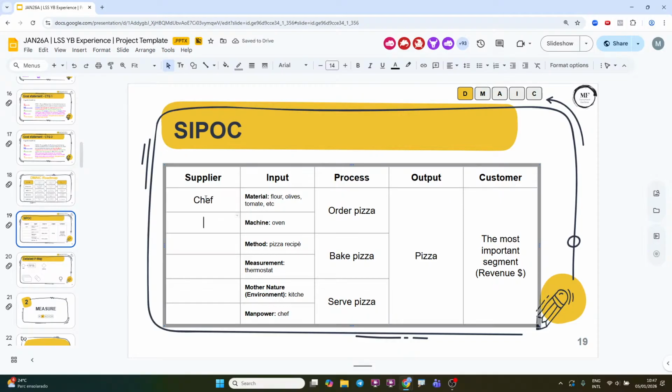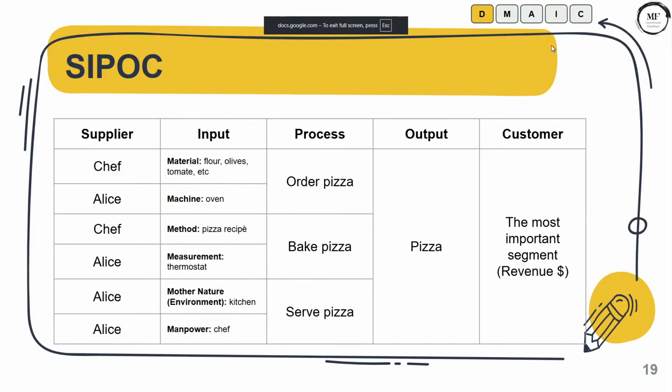If I have problems with the oven, I'll be talking to Alice, who is the owner. If I have problems with the pizza recipe, I'll be talking to the chef. If I have problems with the thermostat, I will be talking to Alice. If I have problems with the kitchen, I'll be talking to Alice. And if I have problems with the chef, I'll be talking to Alice as well. Do you guys understand that?